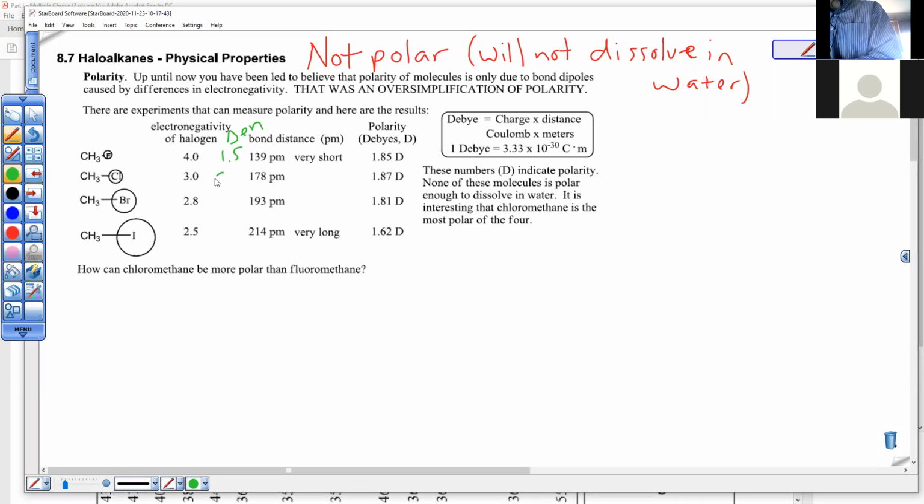This is on the limit of polar covalent. 3 minus 2.5, 2.8 minus 2.5, and 2.5 minus 2.5. So you'd say, why is that a polar bond at all? That's a good question. We'll talk about that shortly.